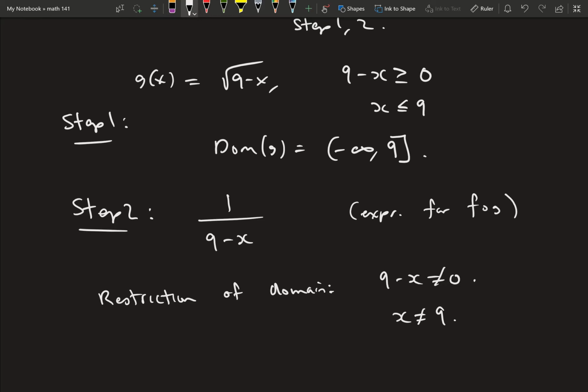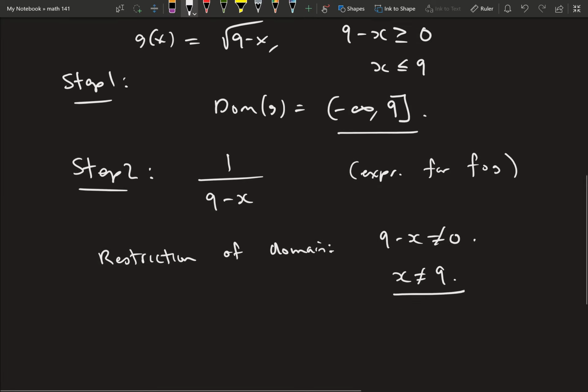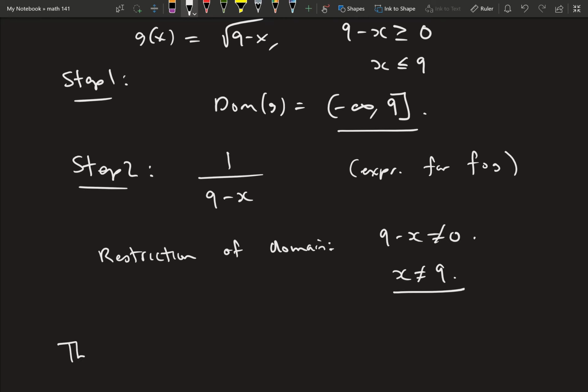So we need to combine these two. Well, x can't be 9, and we have to be in this set. So the intersection is the condition that x is in the set negative infinity to 9, and x can't be equal to 9.